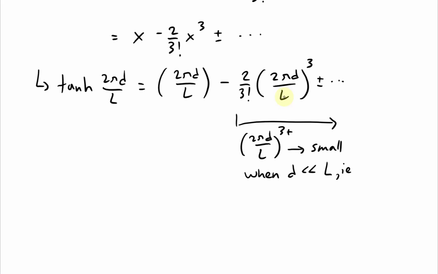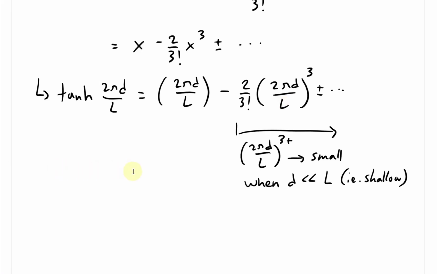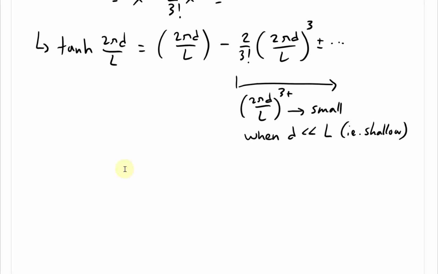Now we just take our approximation. All we consider is just this one first term, because we're going to assume the other ones are small.